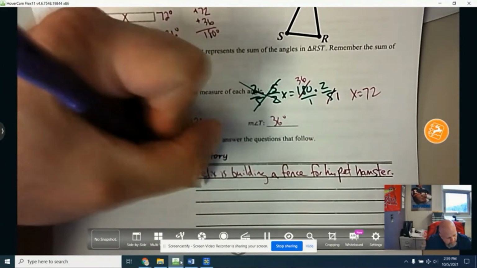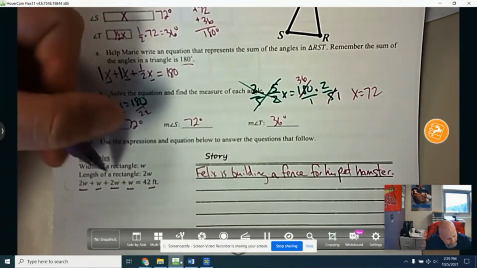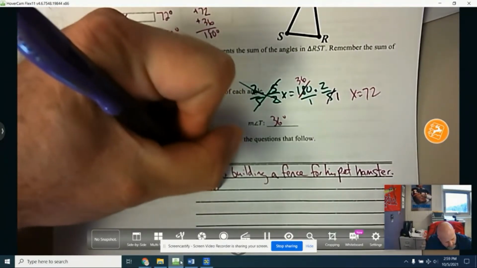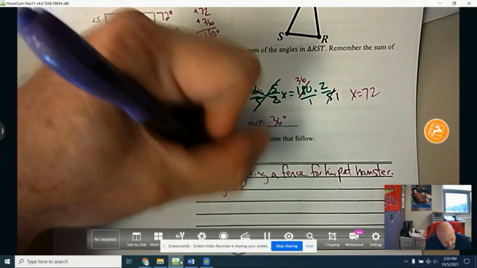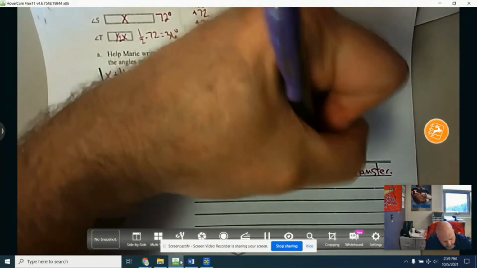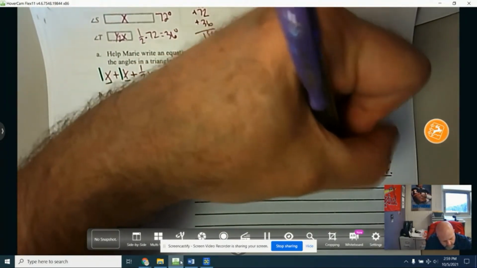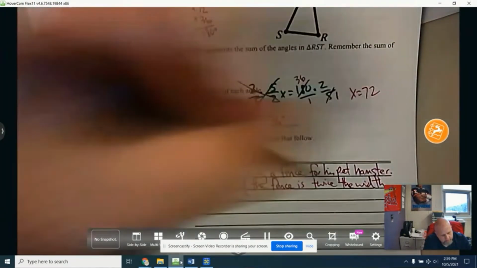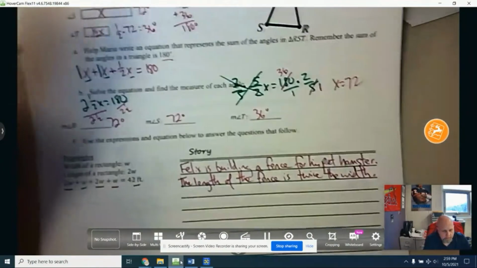Okay, and then in here we got to include all this information. So we could say the length of the fence is twice the width. Okay, the length of the fence is twice the width.